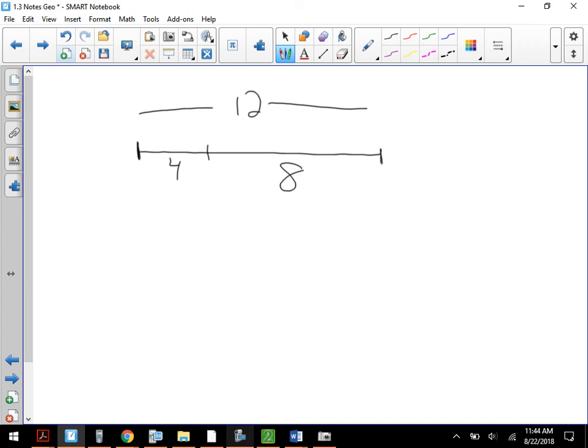I was staying along the same line, but if I went 4, I still had to go another 8 to get to the end. Okay? So what this means is that we can do something called segment addition. Segment addition is nothing more than 2 smaller segments added to a larger segment.